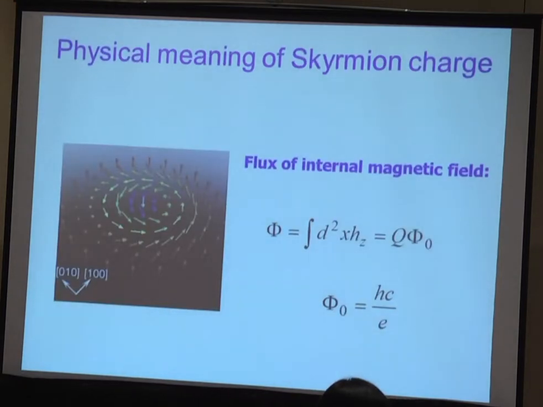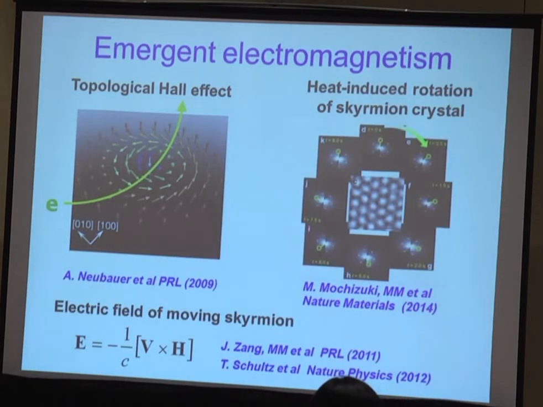In that sense, the meaning of the topological charge of a Skyrmion is basically the flux of this internal magnetic field in the z direction. It's a unit flux for electrons times the topological charge. That's true for any magnetic texture. And that of course gives rise to all these interesting effects like the topological Hall effect, the topological Magnus Hall effect, which results in the rotation of the Skyrmion crystal, and so on and so forth.